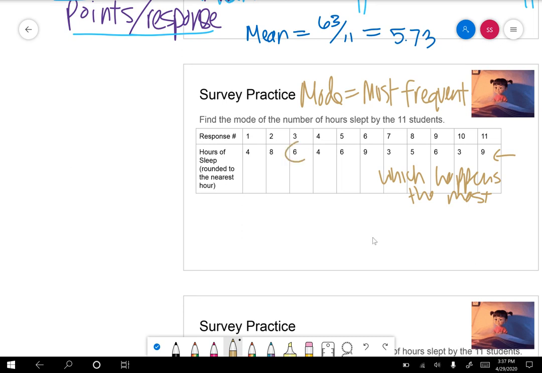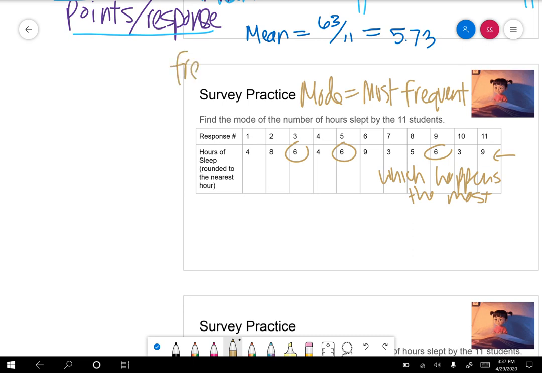Obviously, with this small of a data set, and because we've already listed the numbers in order multiple times, we know that there's 3 6s, and that's the most frequent number, right? But I'm going to show you the best practice to find the mode, and that's with a frequency table.